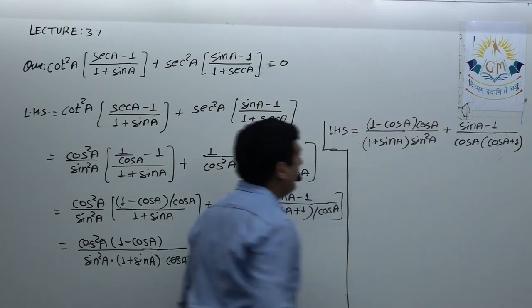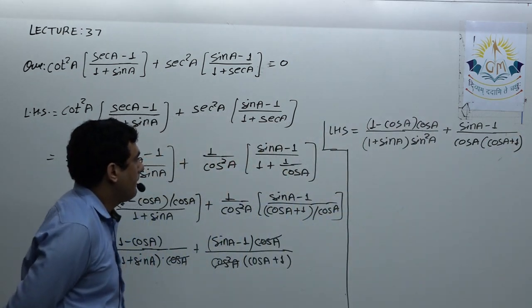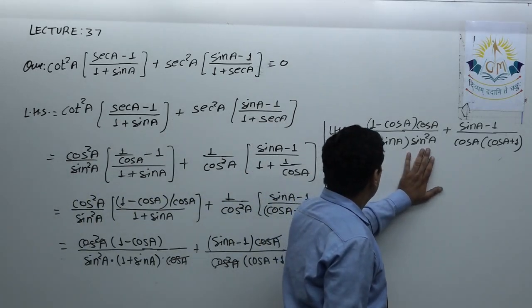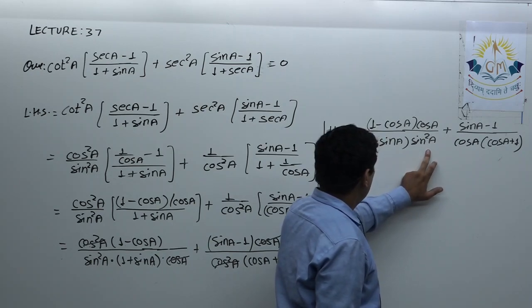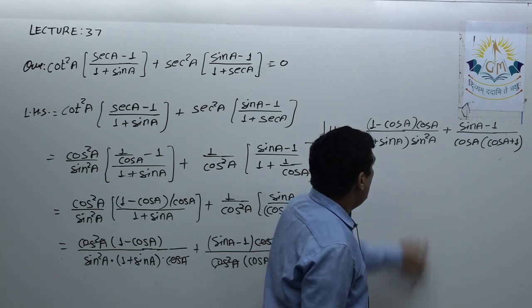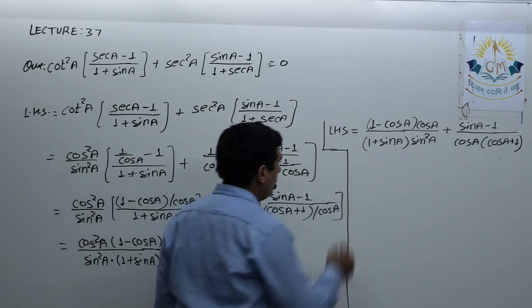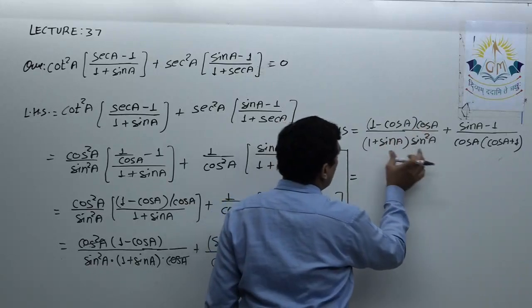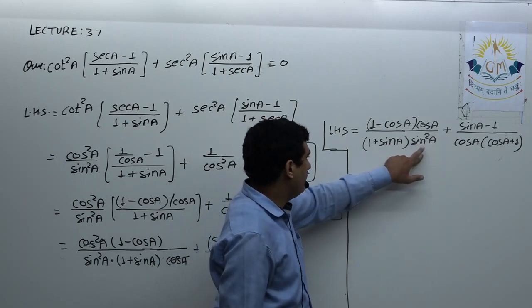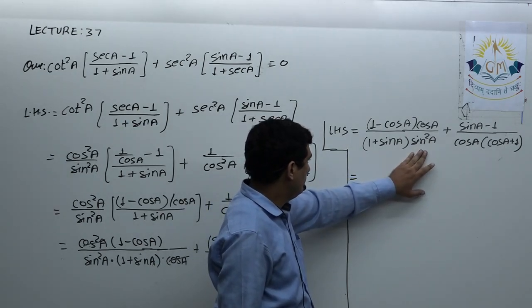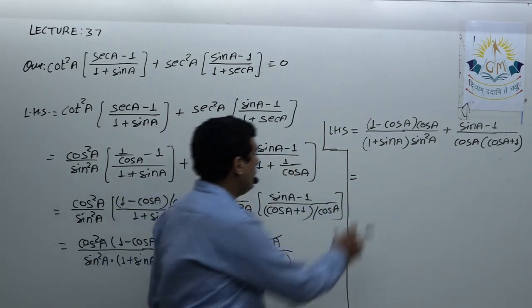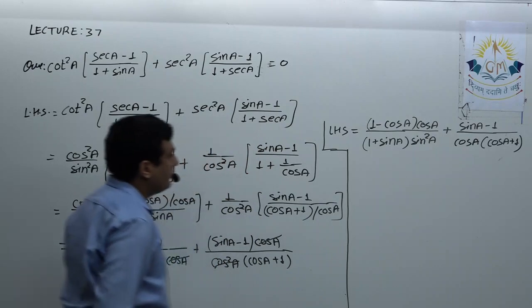Okay, so now to simplify it further, this is almost done. So how we have to do it further? See, here you have to convert this sin square A into terms of 1 minus cos square A, and over here we have to rationalize. Only two things are left. So note it down up to this point, then we'll see its solution further.